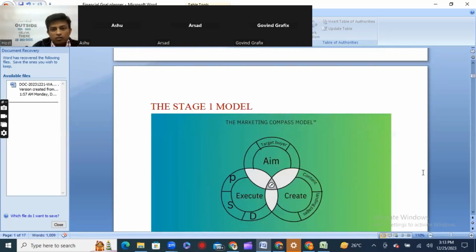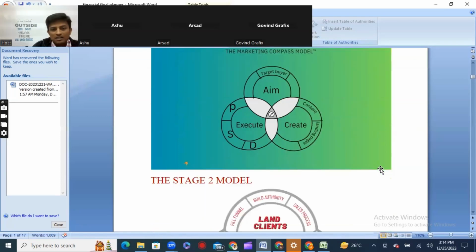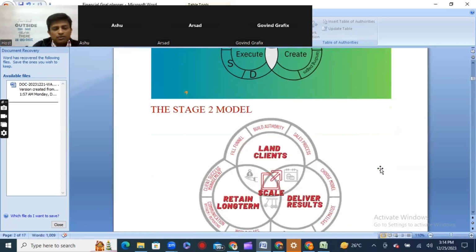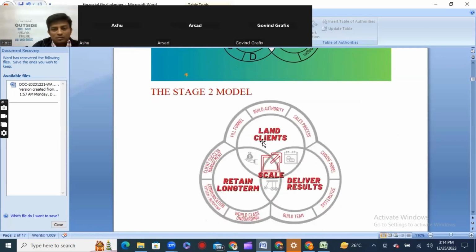Now this is the model which we are going to follow. We have to be clear about our target buyer. Who is our target buyer? We have to aim at that target buyer. We have to create the content, landing pages, and we will execute. This is PSD: prospecting, scheduling, and delivery. This will give you the results. Once we land our clients, we have to focus on these terms.